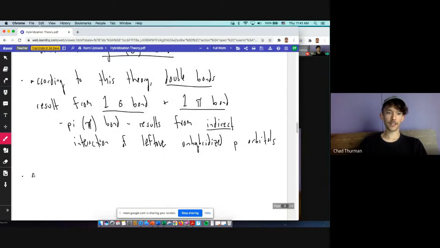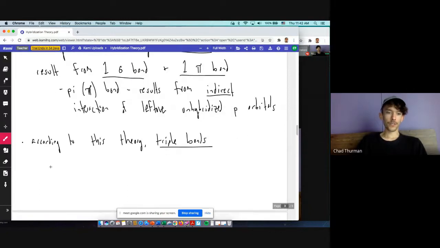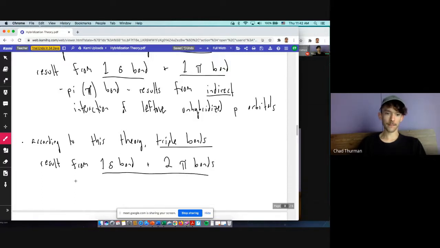And then finally, according to this theory, triple bonds result from one sigma bond and two pi bonds. So any atom that triple bonds, remember what a pi bond is?